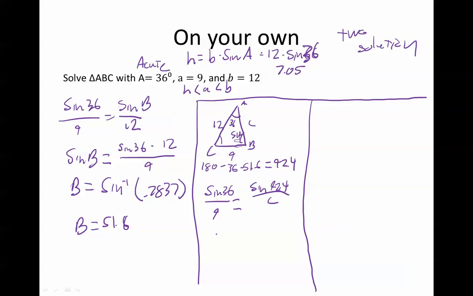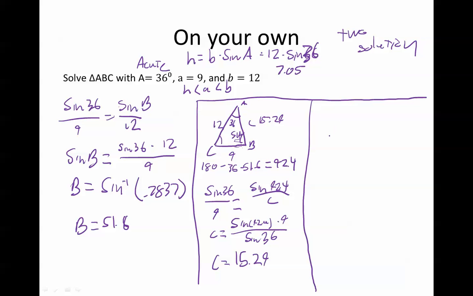Solving for c, I end up with sine of 92.4 times 9 all over sine of 36. And when you do that whole thing in your calculator, you end up with c equal to 15.29. So that's our last one over here, 15.29. So that's one of the triangles.